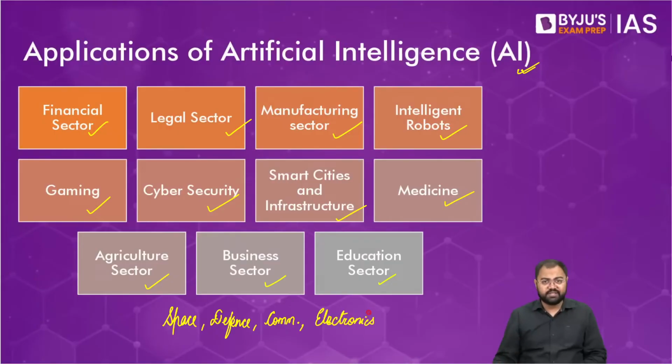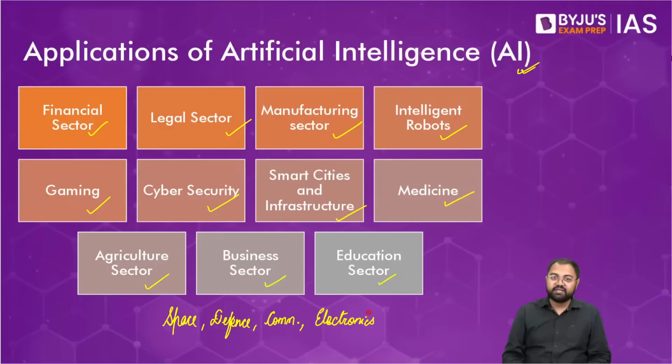The list goes on, and there is no stopping artificial intelligence right now. The way it has been growing, the way it has been accepted by companies and people the world over, there's no stopping artificial intelligence right now. And that's why there is no sector where you can say that artificial intelligence is not being used today.